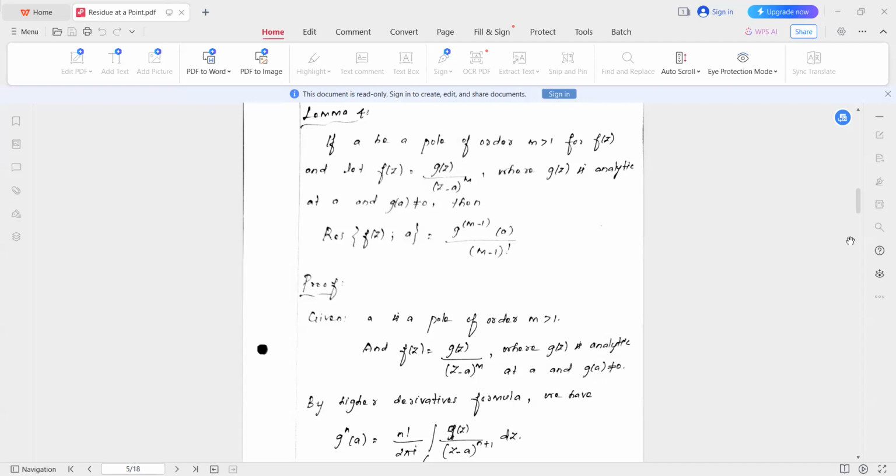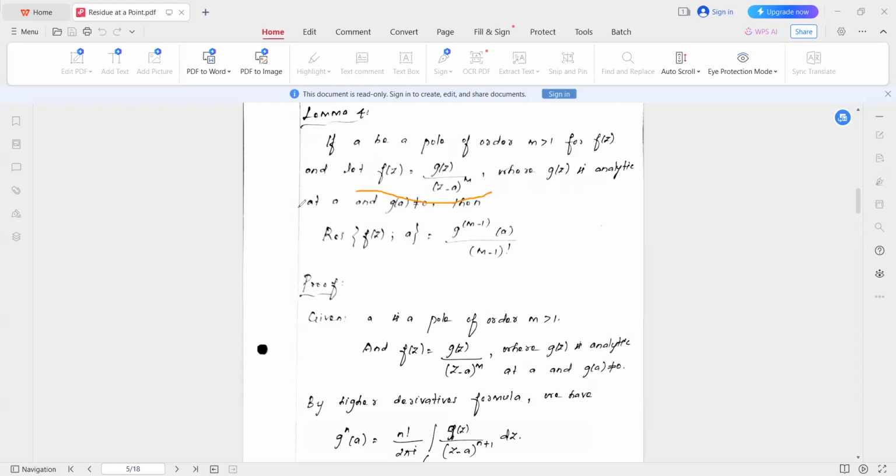If A is a pole of order greater than 1, then the residue of f of z at the point A is equal to g power m minus 1 of A divided by m minus 1 factorial, if f of z is equal to g of z by z minus a the whole power m, where g of z is analytic at A and g of A is not equal to 0.